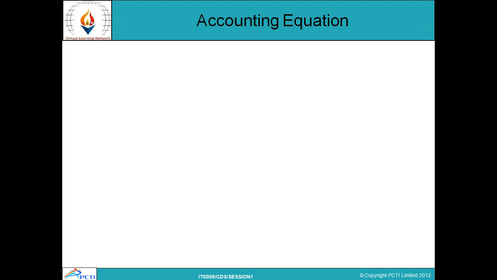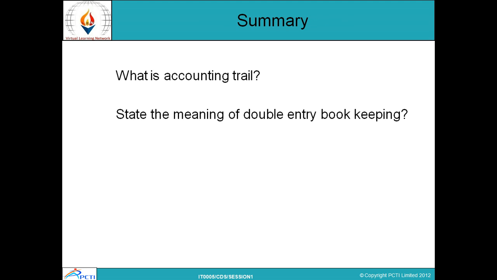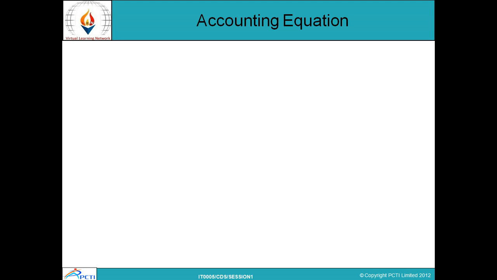We'll move further. We'll go now to the accounting equation. Let me explain what the accounting equation is. The preparation of the balance sheet is the final step in the accounting process. Right? What is the final step in the accounting process? Preparation of the balance sheet. So the accounting equation indicates that the source of funds should be equal to the use of funds.